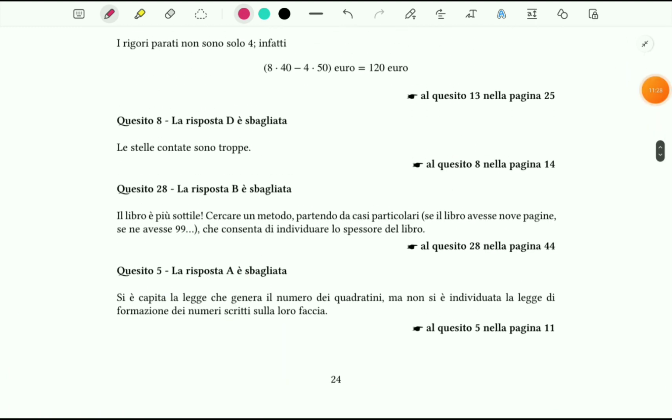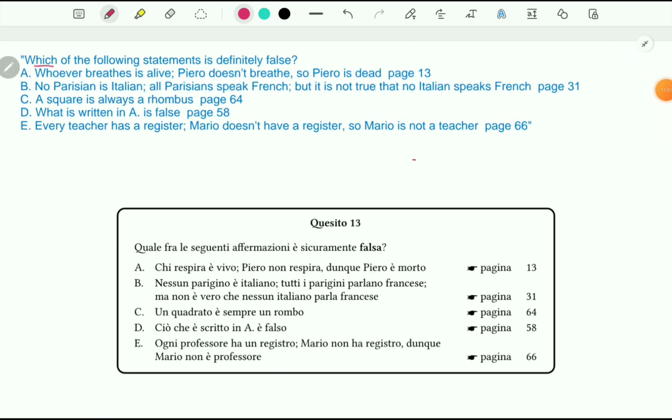Which of the following statements is definitely false? Again we have to find a false statement. Let's start. Whoever breathes is alive. It's a general statement, because dead people cannot breathe. Pierrot doesn't breathe, so Pierrot is dead.